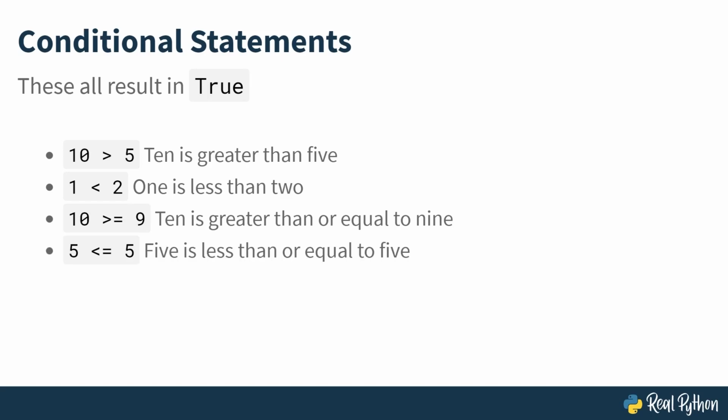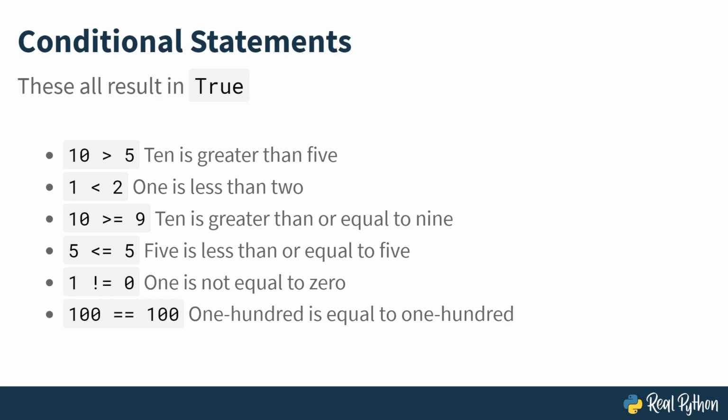The next example is 5, left-facing chevron equal sign 5, which asks, is 5 less than or equal to 5? Which is true. 1, exclamation mark equal sign 0, asks, is 1 not equal to 0? Which is also true. And finally, 100, equal sign 100, asks, is 100 equal to 100? Which is true again.